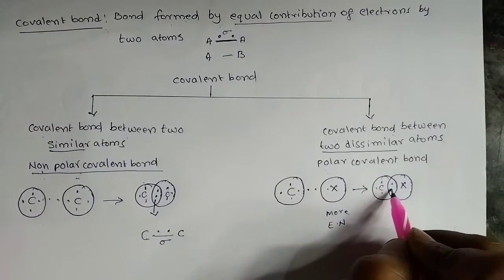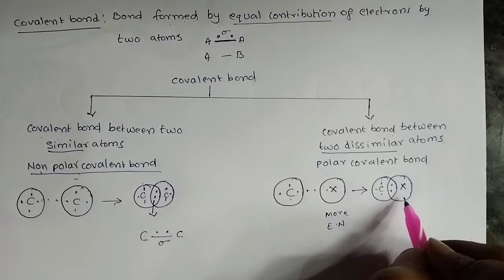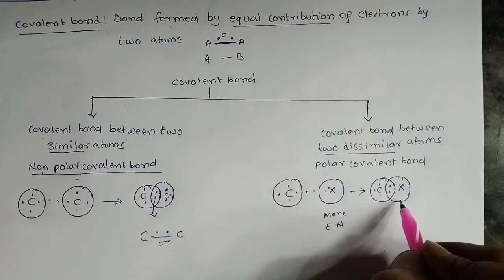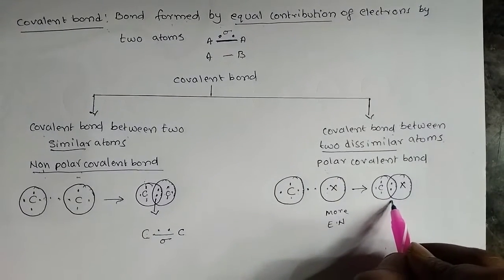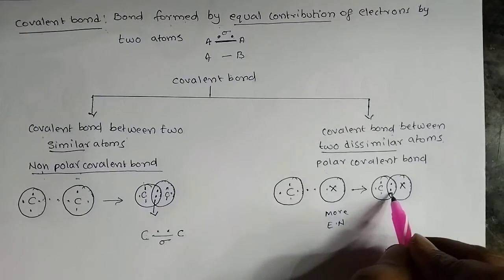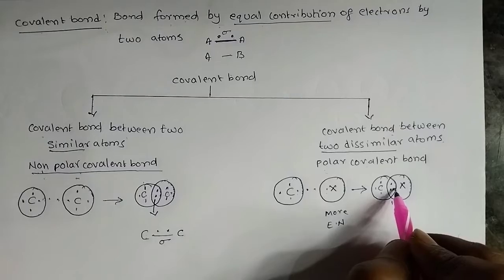In the beginning they occupy the center, but due to more electronegativity of this X, the shared electrons are displaced, or face towards the more electronegative element, the X atom.